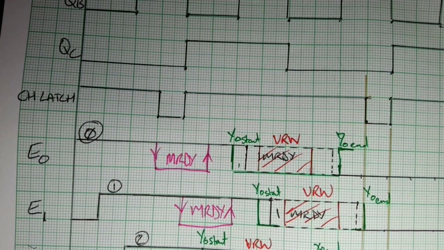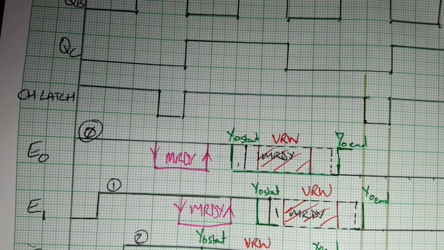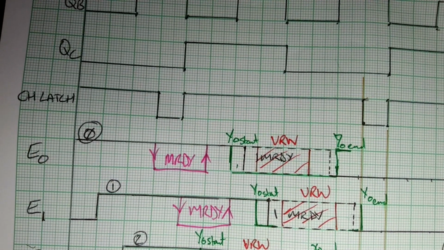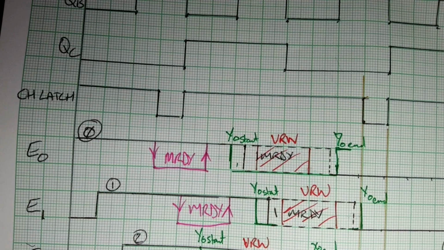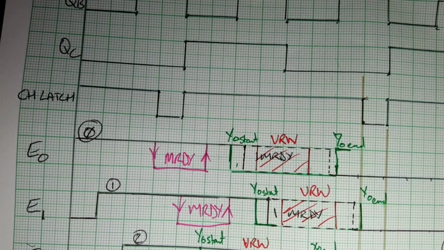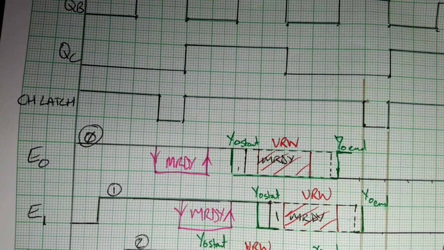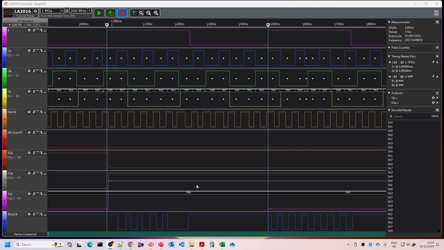From the previous video, we did this sort of graph for all the E0, 1, 2, 3, 4, all the way up to 7, and we worked out where the memory ready, Y0 start, Y0 end, and the video read-write start and end signals were all going to be. So basically this number here is in fact that E0 to E7.